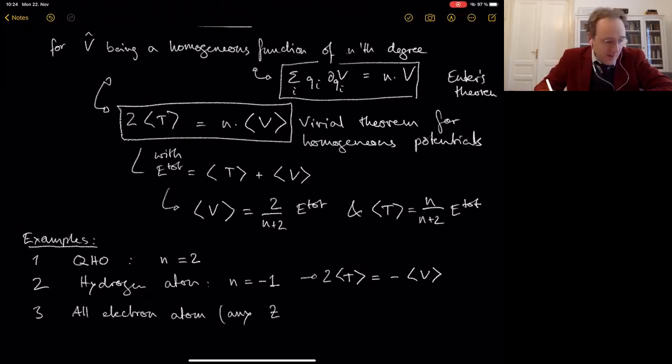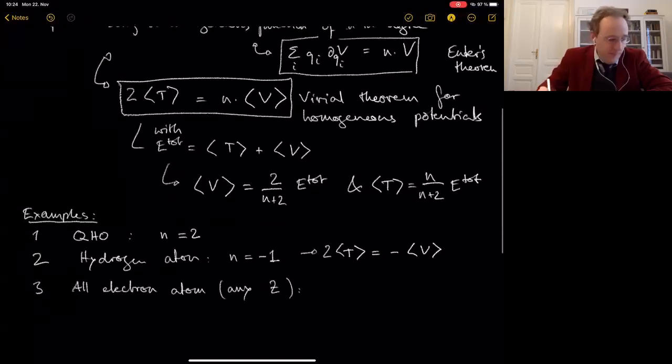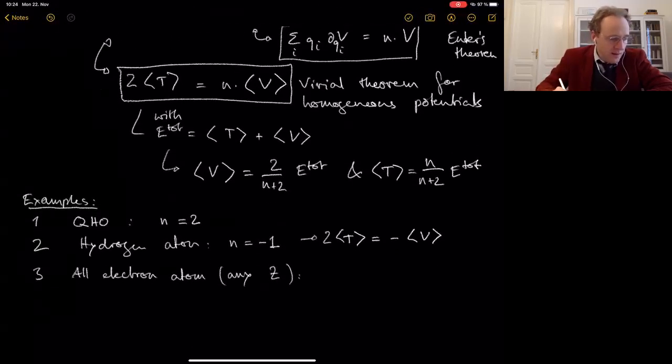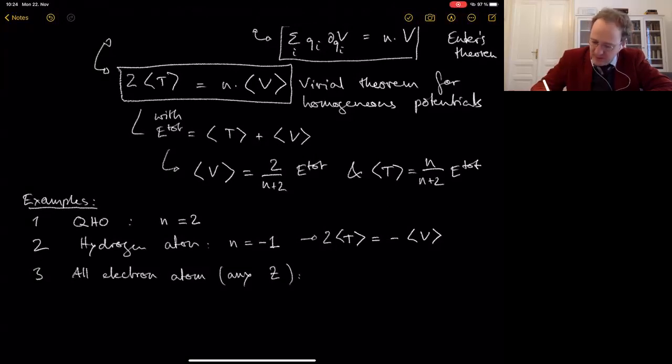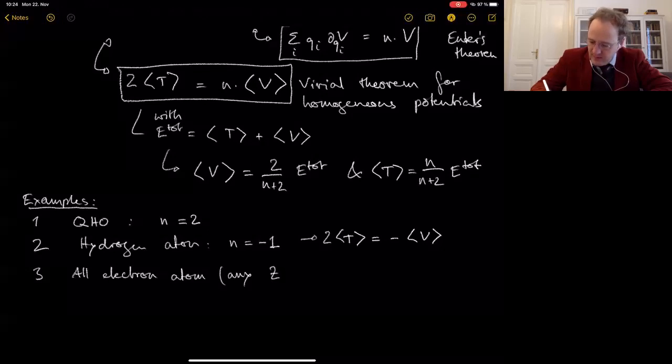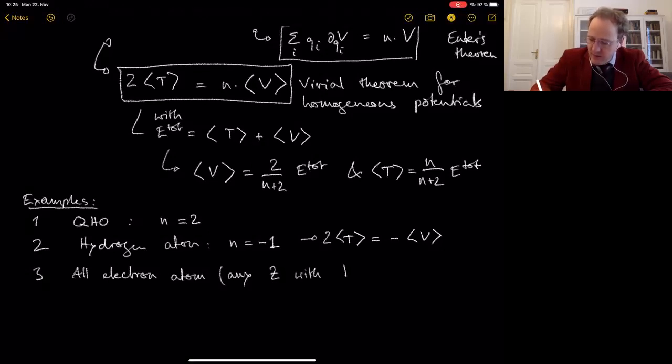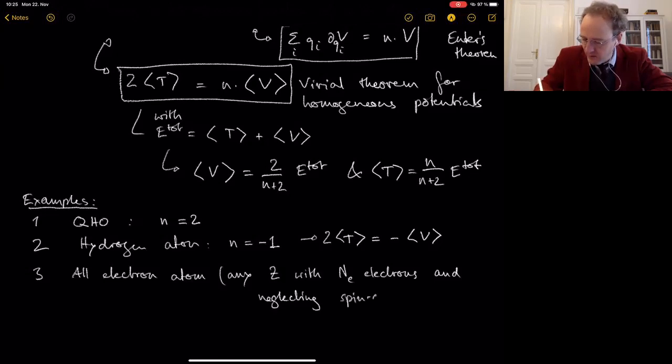So we're talking about neutral systems here. This also neglects any spin-orbit coupling. So any number of electrons, neglecting spin-orbit coupling.